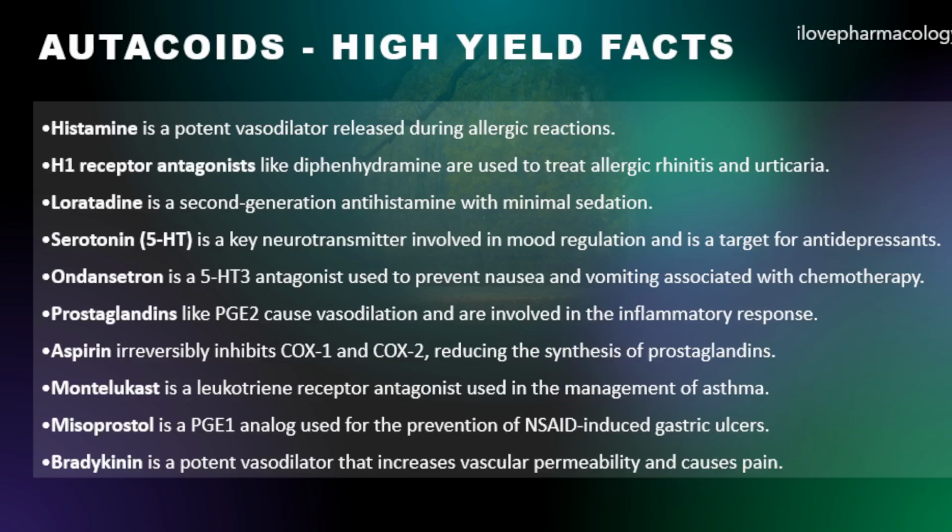Misoprostol, which is a prostaglandin E1 analog, is used for prevention of non-steroidal anti-inflammatory drug induced gastric ulcer. Misoprostol is contraindicated in pregnancy. Bradykinin is a potent vasodilator that increases vascular permeability and causes pain.